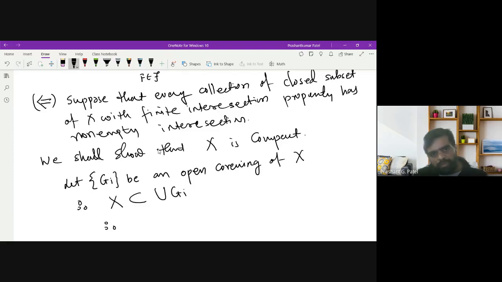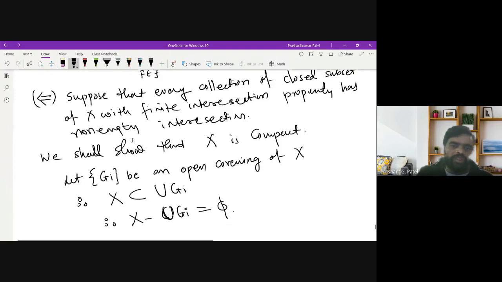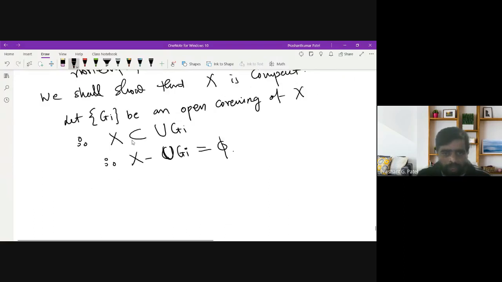So ultimately, X minus the union of Gi, if I subtract this union from X, it is always empty. And using a set theory result, the intersection of all these X minus Gi, over i, is empty.